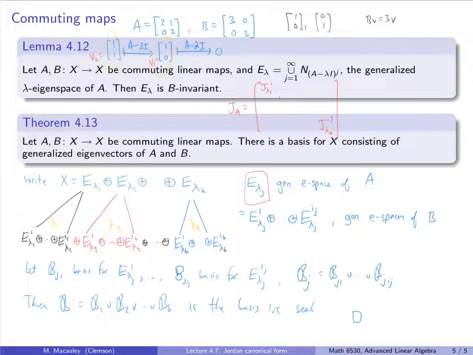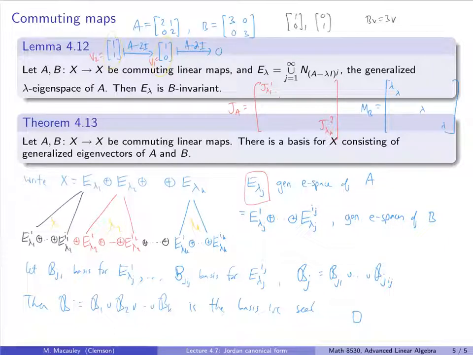So in this case, the matrix of B with respect to this basis, let's just call it M sub B, is not going to be a Jordan matrix because you might have lambda, and then lambda down here somewhere. We don't have any control over the order of this basis here.